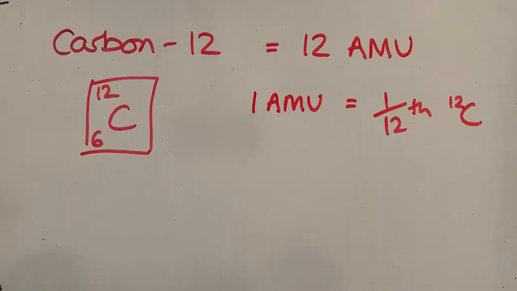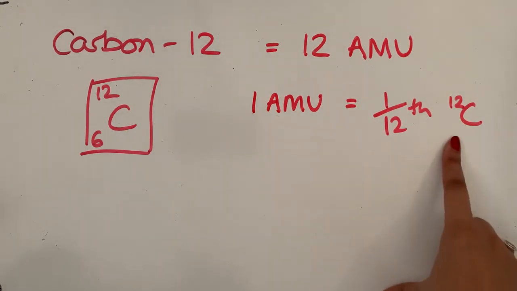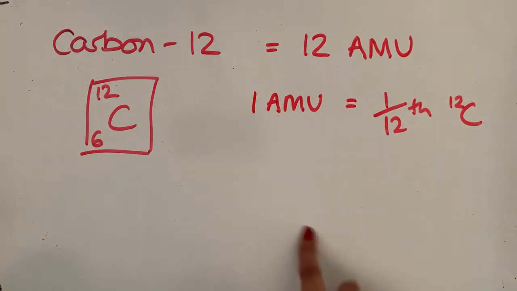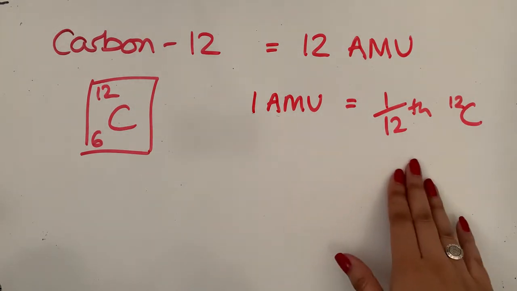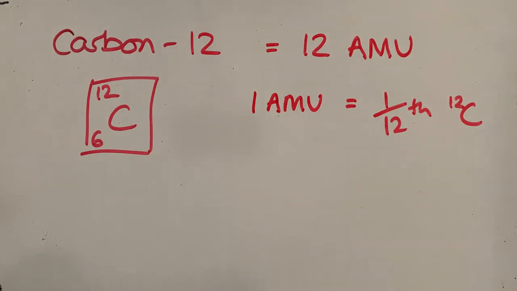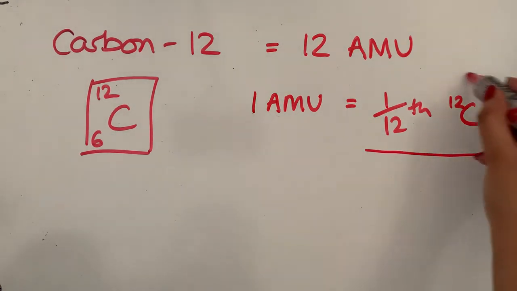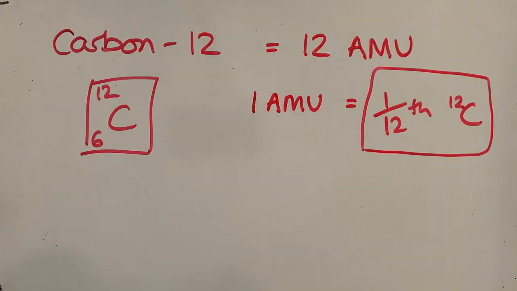So one atomic mass unit is 1/12 of carbon-12, and that is essentially our standard. Everything is done in comparison to carbon-12, and we say one atomic mass unit is 1/12 of carbon-12, and therefore this part here is always referenced in any definition to do with relative masses.